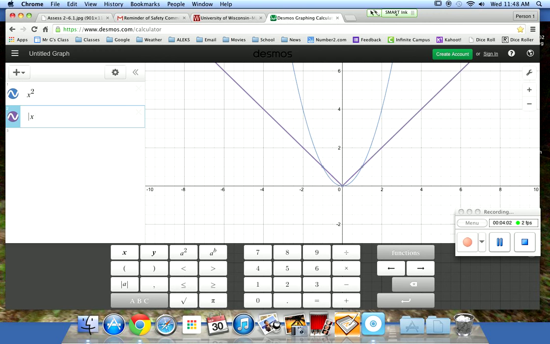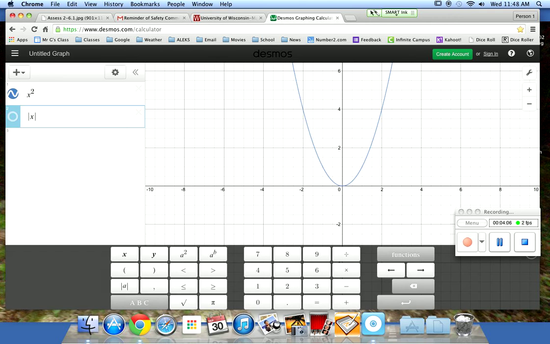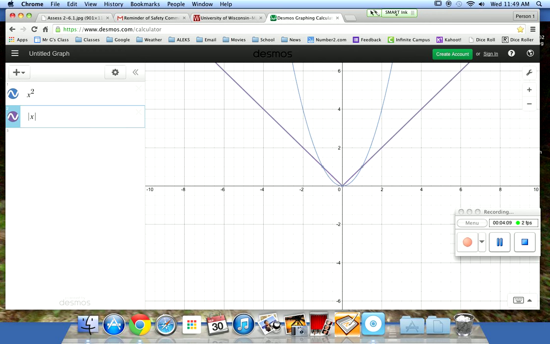Okay, notice the difference in these two. All right, so notice they kind of work the same. They get symmetric, don't they? What happens on this side is just a reflection of what happens on this side.